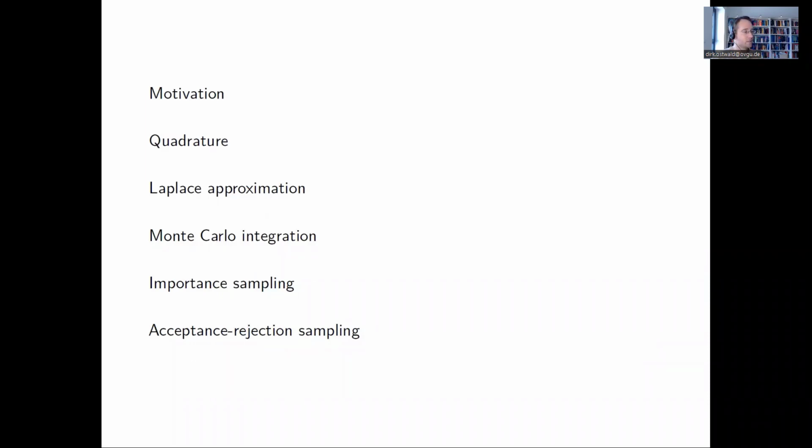So the point is that sample means are estimates of expected values. If you want to estimate the expected value of a Gaussian, you generate samples from the Gaussian and you compute the mean, and that's then an estimate of the expected value.